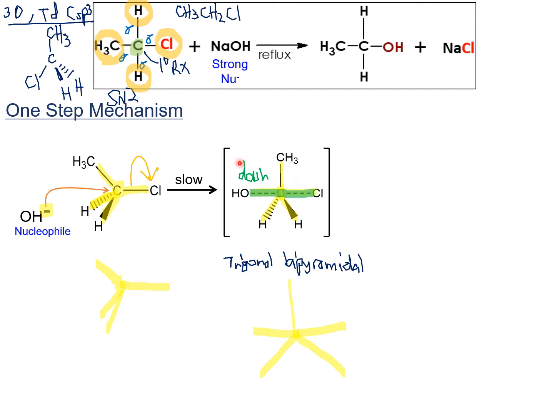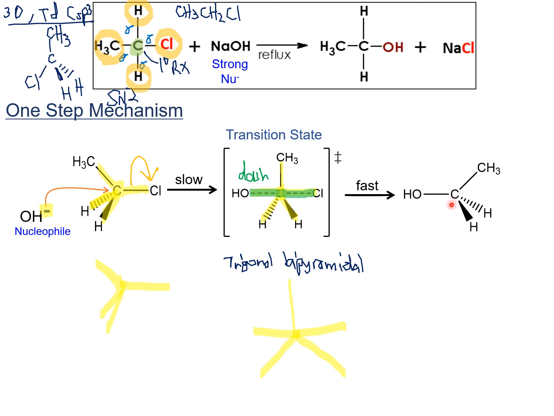But since this is a transition state, you have to draw this activated complex inside square brackets like this. Then you must mention that this is a transition state. This is the symbol for the transition state. Write that as well. After that is a fast process, when the OH attaches to the carbon.